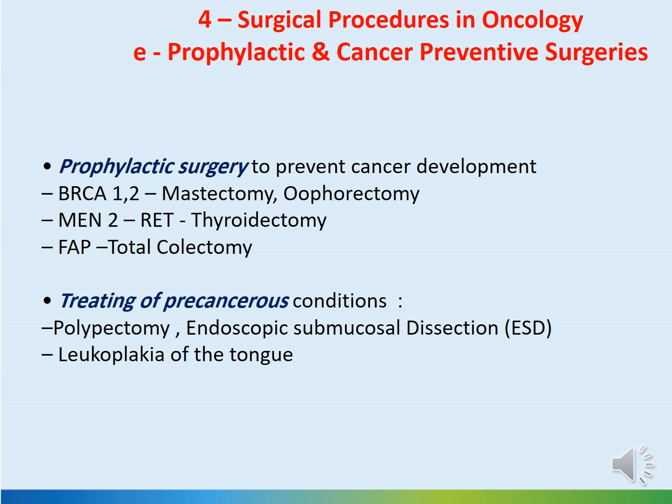For example, when we do polypectomy during colonoscopy, or when we do endoscopic submucosal dissection for some lesions in the stomach. This type of procedure is under cancer prevention surgery.